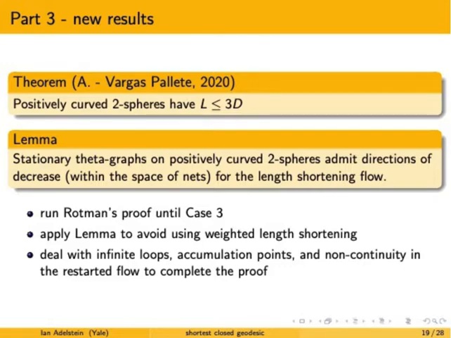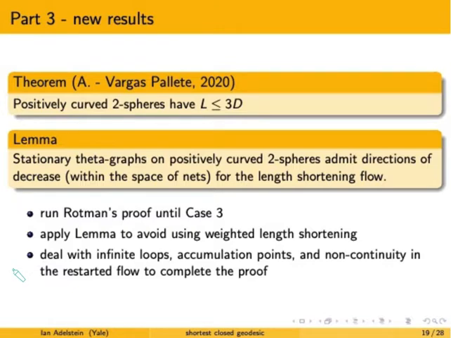So then sort of Regina's ideas go through, and at every stage the obstruction is a short closed geodesic with length bounded above by 3 times the diameter. That's the main idea.